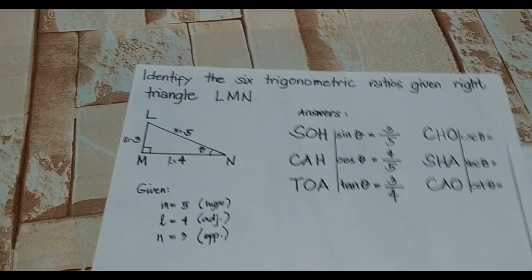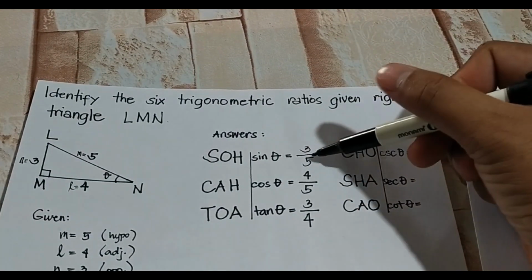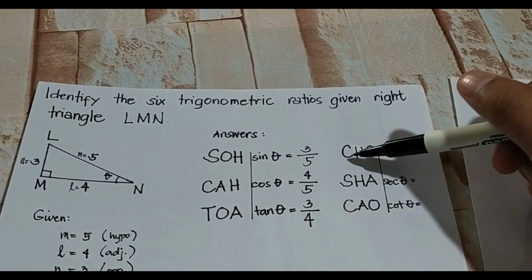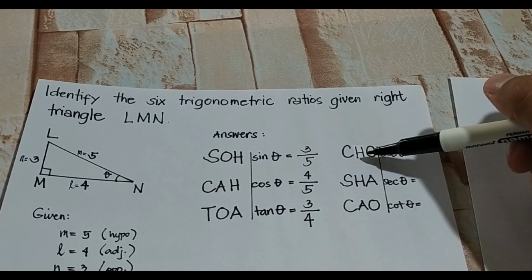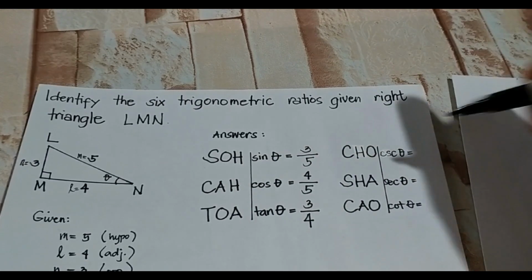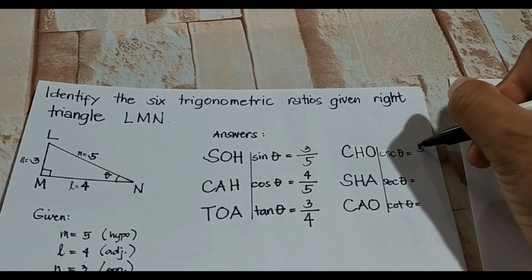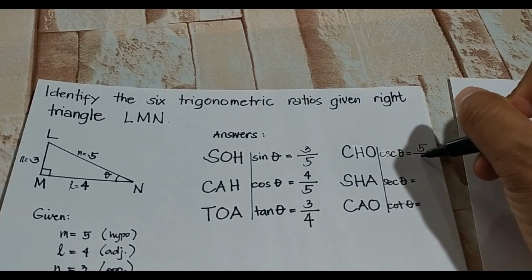And for our secondary ratios, it's just the reciprocal of the primary ones. So we have cosecant equal to hypotenuse over opposite. What is the value of our hypotenuse? That is 5, over our opposite, which is 3.